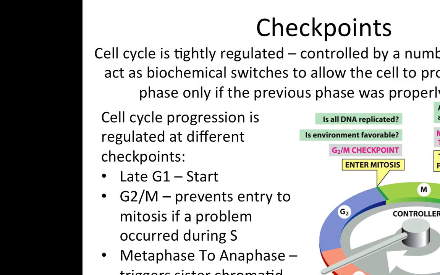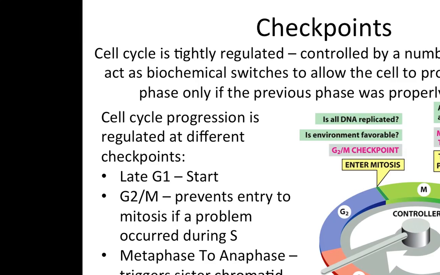just think about sperm. Okay, checkpoints. We spoke about checkpoints just now. So the cell cycle is tightly regulated, right? And it's controlled by all these different proteins, and their whole goal is to either allow the cell to progress or not, right? And the cell shouldn't progress to the next phase of the cycle unless the previous phase was completed appropriately, right? And so these checkpoints we spoke about: here's your start checkpoint, is the environment favorable?